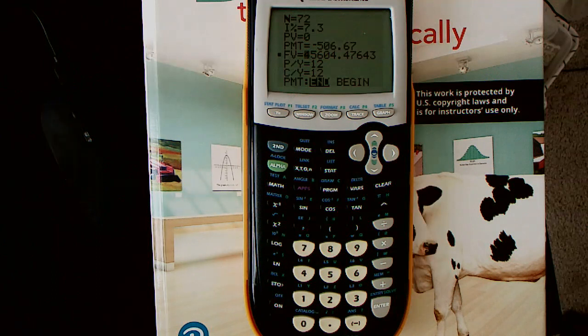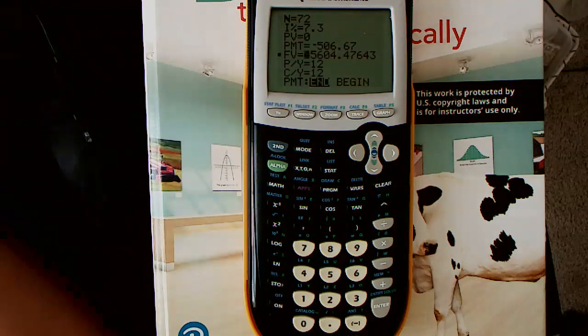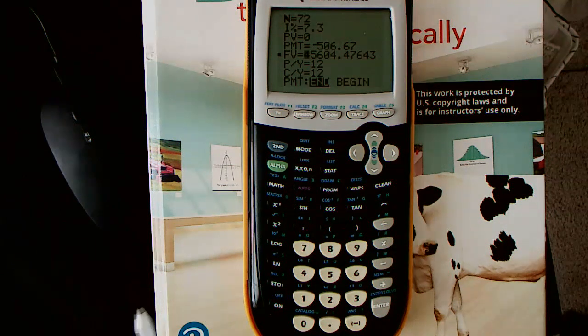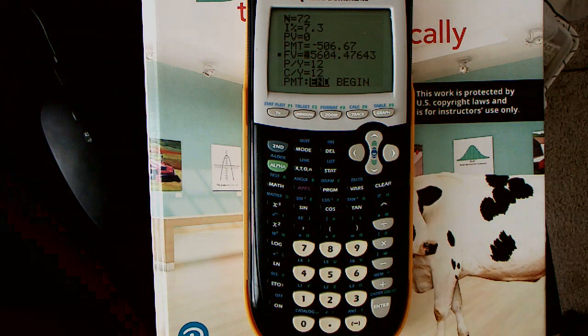Your future value of your annuity in 6 years is approximately $45,604.48. 45 grand in 6 years could be a down payment for buying a house.